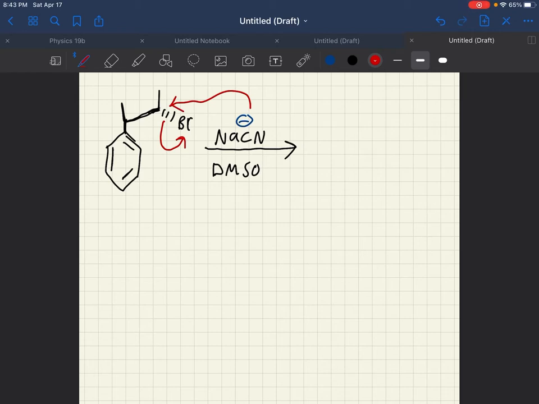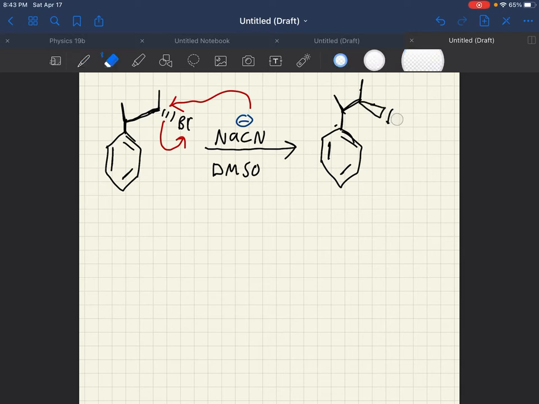CN minus is going to attack. Inversion of stereochemistry, however, so our final product is going to look like this. Oh, my bad. I did not mean to put a bromine on there. That's your final product.